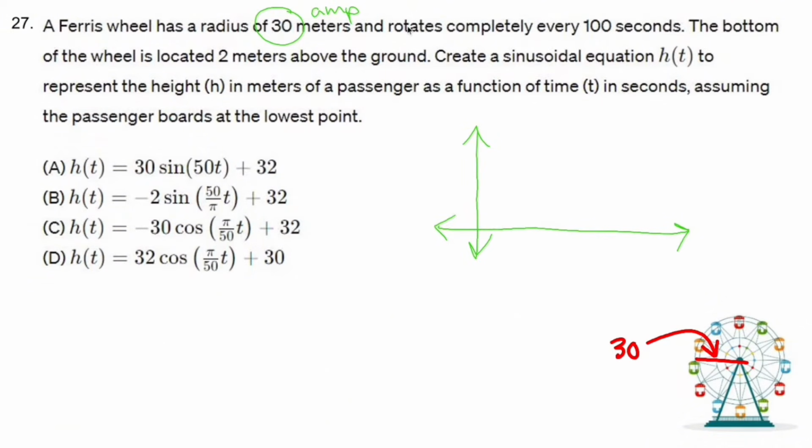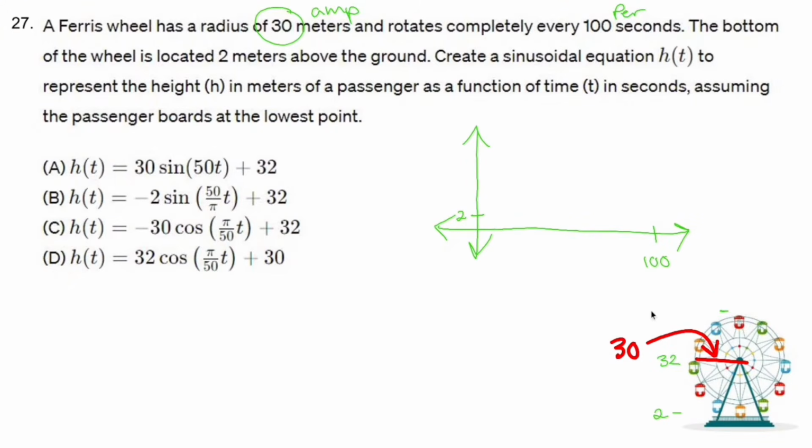It rotates completely every 100 seconds. That, boys and girls, is the period. So over here, I'm going to have 100 seconds. The bottom of the wheel is located at 2 meters. Okay, 30 meters is the radius. So at the very middle of everything, if this is 2, we're at 32, because 2 plus 30 is 32.